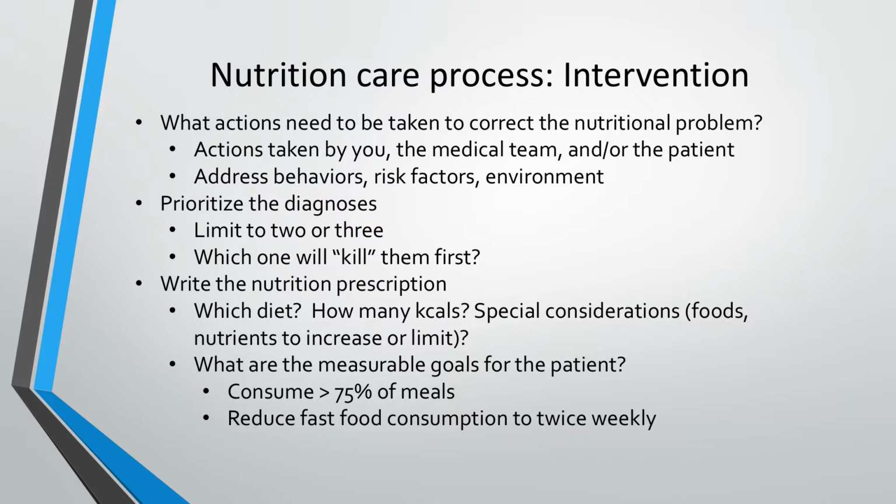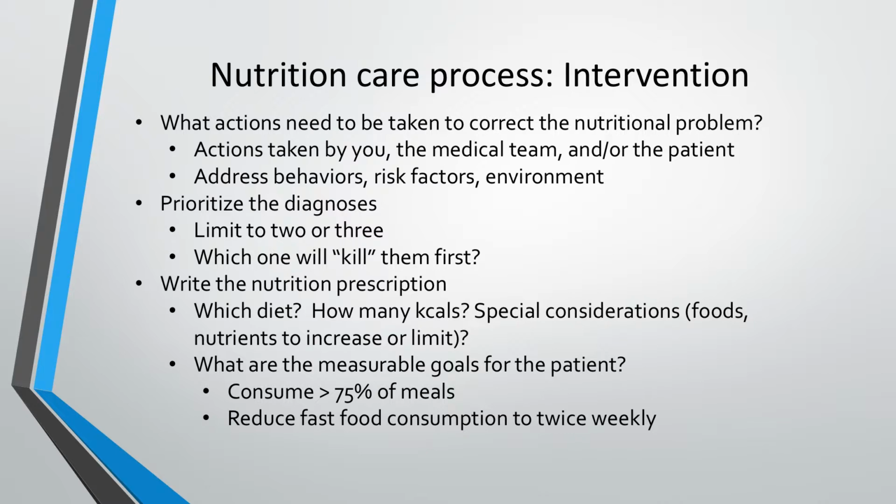When you've assessed your patient and you're developing your nutritional diagnoses, you may come across people who are very, very critically ill. They have a lot of stuff going on, and the temptation to write a bunch of diagnoses is really intense.